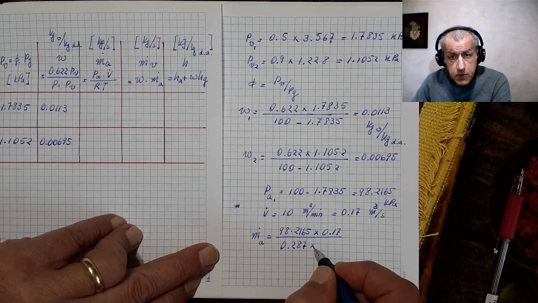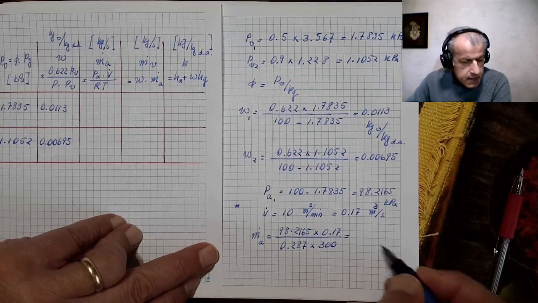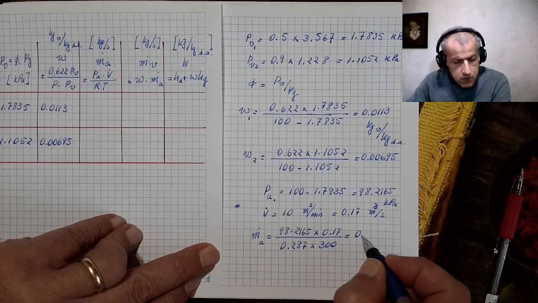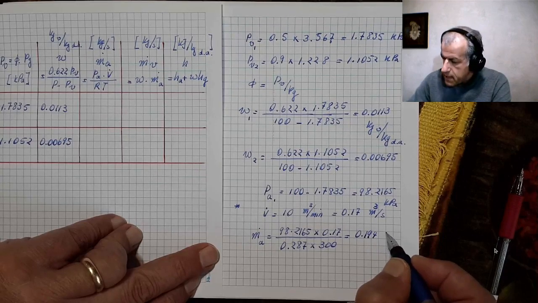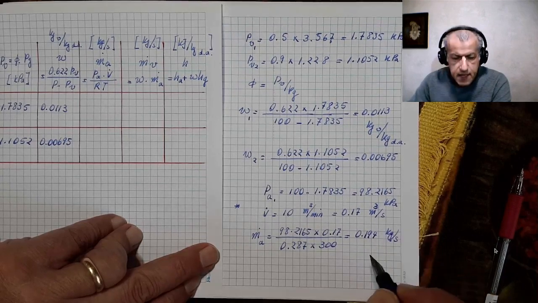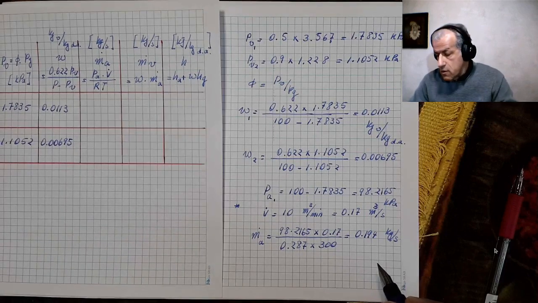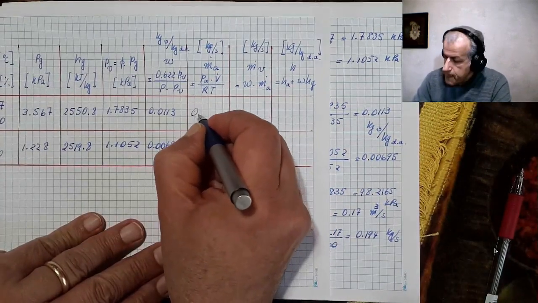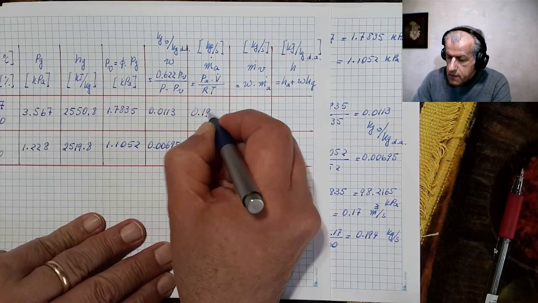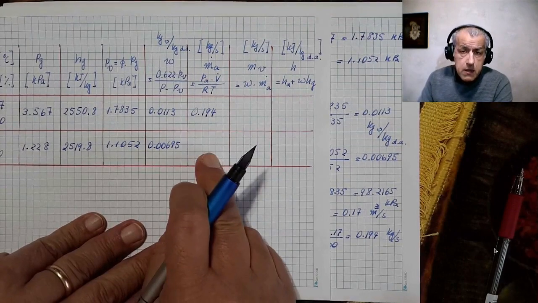The inlet air is 27 degrees, and that would be 300 Kelvin, and that equals 0.194 kilograms per second. So we could just write it down here, 0.194, and shortly we shall see that it's the same at exit.